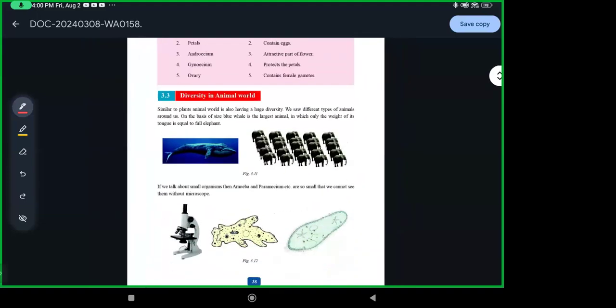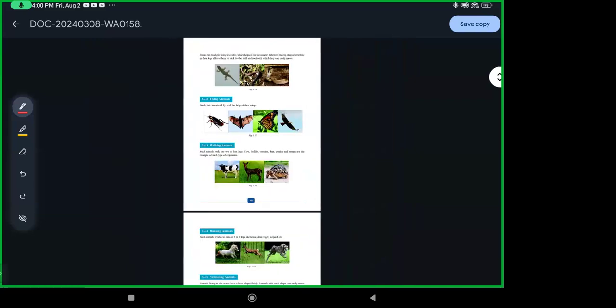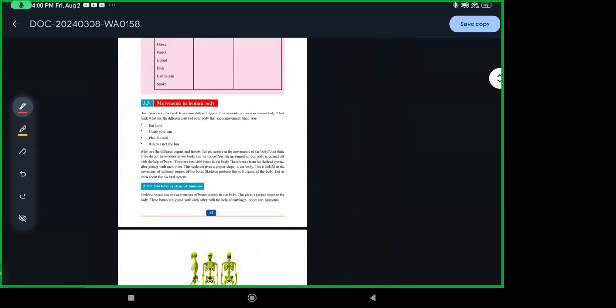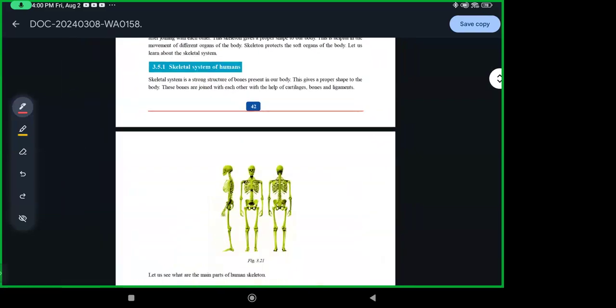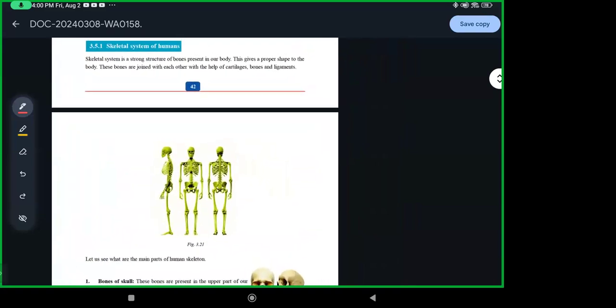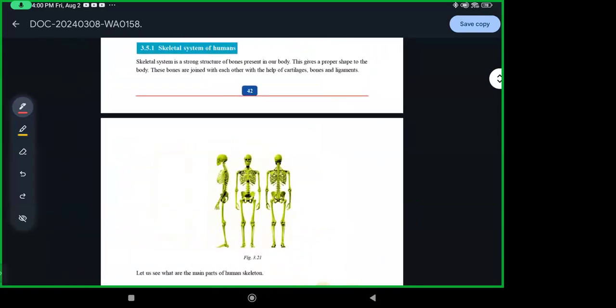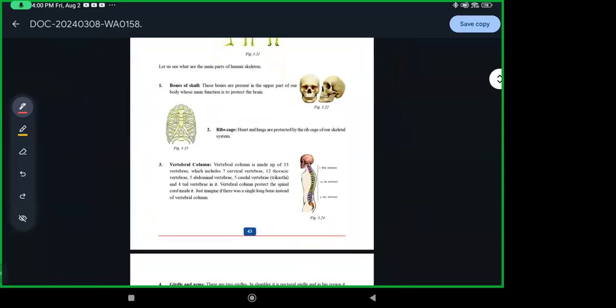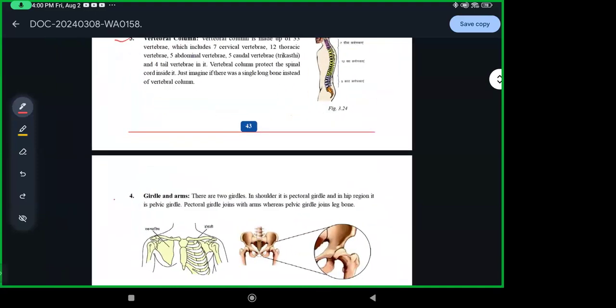Then I asked about the human skeleton system. I asked, what are the components of the human skeleton system? These are all the components: bones of skull, rib cage, vertebral column, and girdle and arms. If you've written bones, I have given marks.